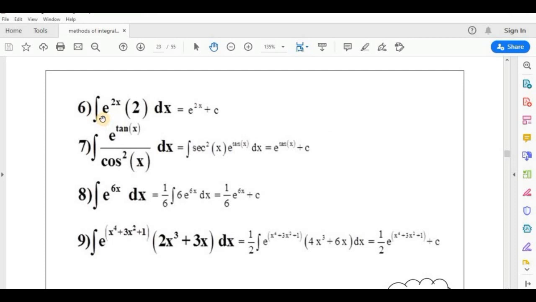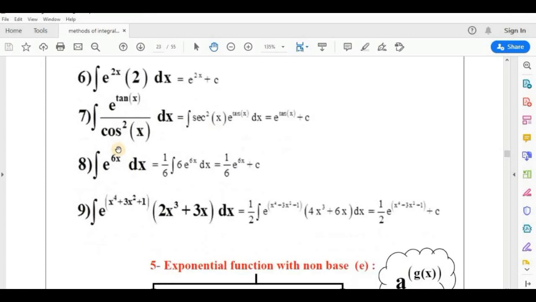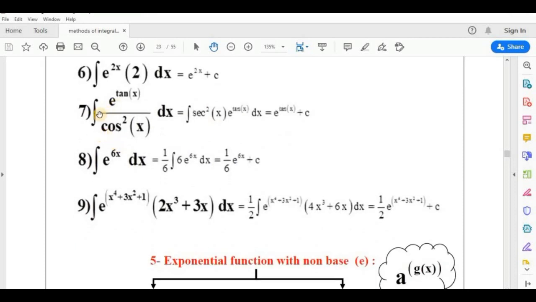Same here, the integral for this function. What is the derivative of 2x? It is 2. This is already in the special form of the exponential function, so this is the result. Let's see this one. The integral of e to the power tan x divided by cosine square x. What is the derivative of tan? It is sec square. So 1 divided by cosine square is sec square.